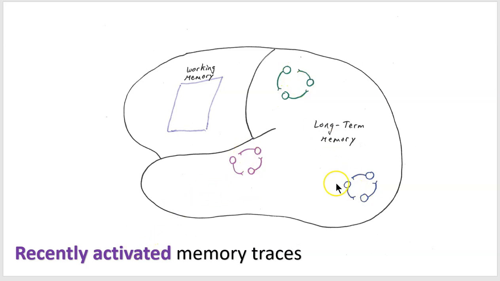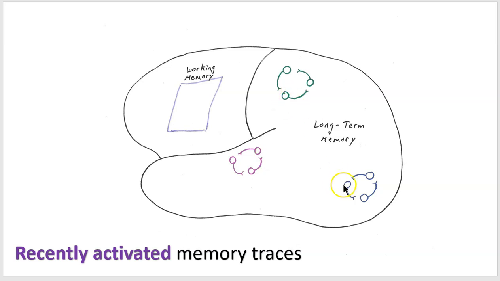Now let's consider the third kind of memory trace, a recently activated memory trace. Let's start with the brain up here. We have weak cortical memory traces for some information we're studying, perhaps because it's our first study session. But you may have experienced this: when you're learning new information, say you were reading a passage in a book or watching a video lesson, for a short time afterwards, you have fast, easy access to the information you were just processing.